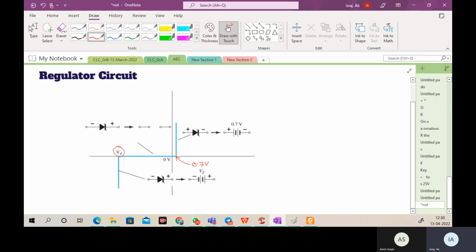On this voltage, we are getting a huge amount of current, because the y-axis is the current of the diode and the x-axis is the voltage across the diode. Correct? So this is my breakdown region, the Zener breakdown region. I am reaching the Zener breakdown region and I'm getting a huge amount of current.